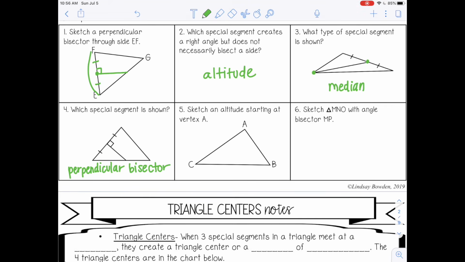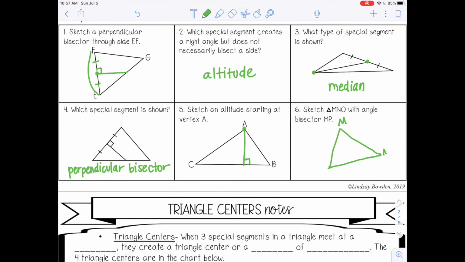Number 5, sketch an altitude starting at vertex A. So here's vertex A. Remember, an altitude goes straight down and it creates a right angle, so like this. Number 6, sketch triangle MNO with an angle bisector of MP. So I'm going to draw a triangle.